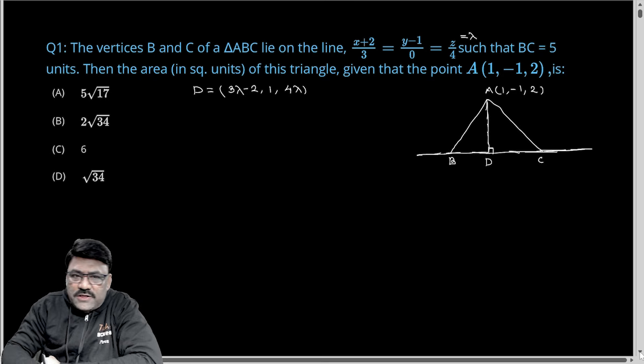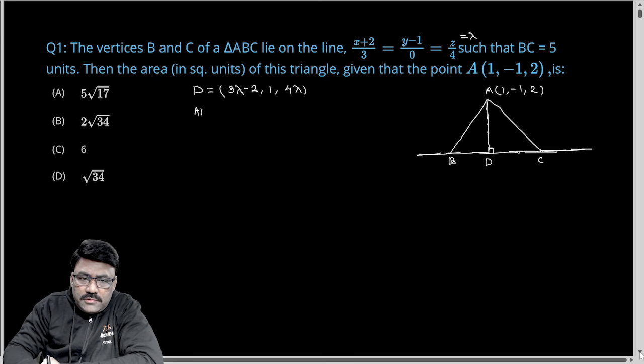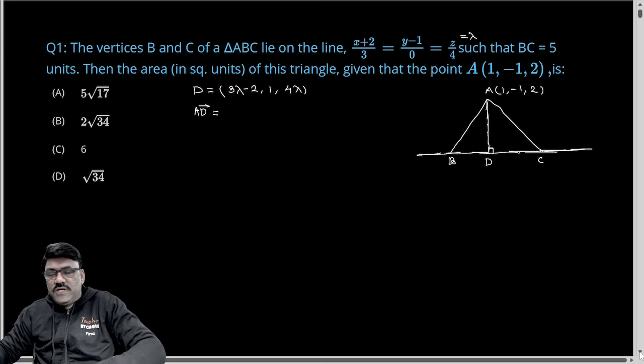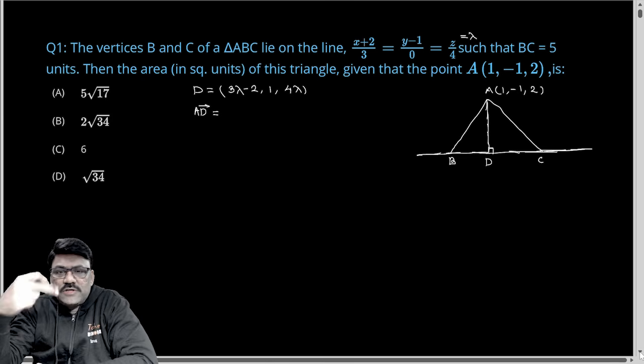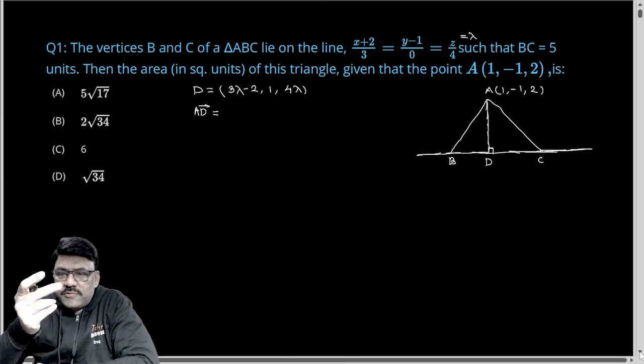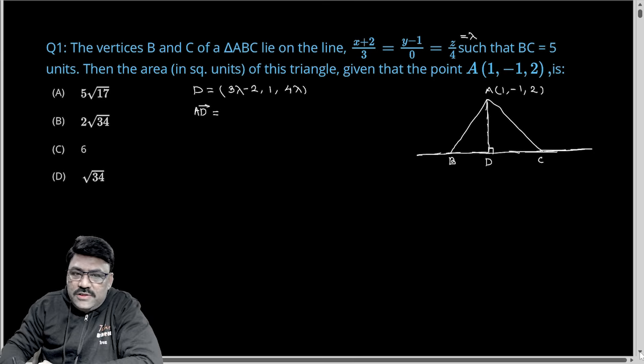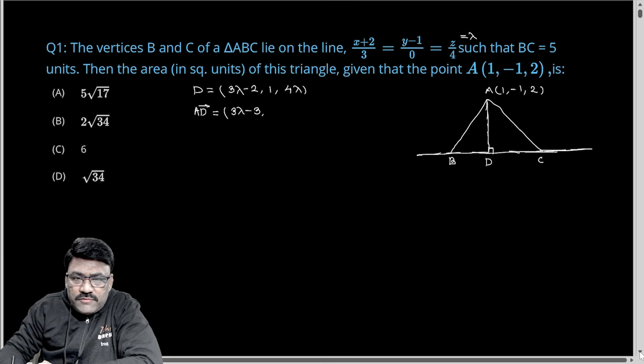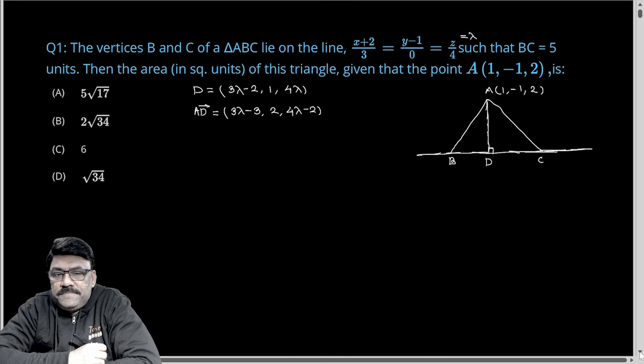Now you can find the vector AD. Vector AD is basically the position vector of D minus the position vector of A. So just subtract A from D. Vector AD will be 3 lambda minus 2 minus 1 which is 3 lambda minus 3, 1 plus 1 which is 2, and 4 lambda minus 2. This is vector AD.